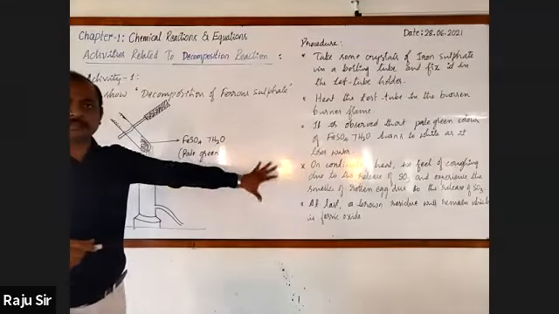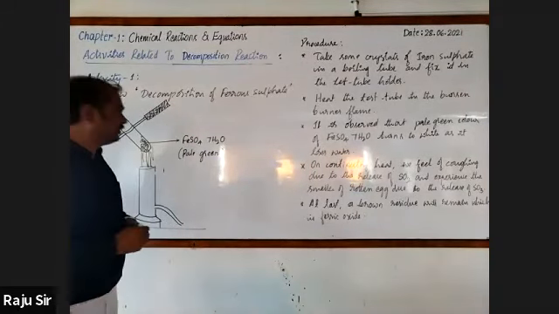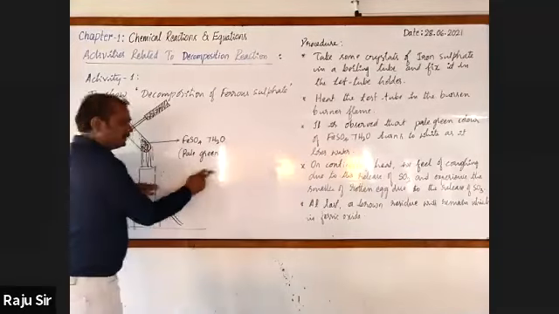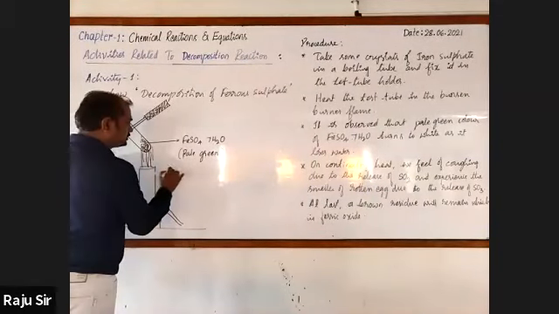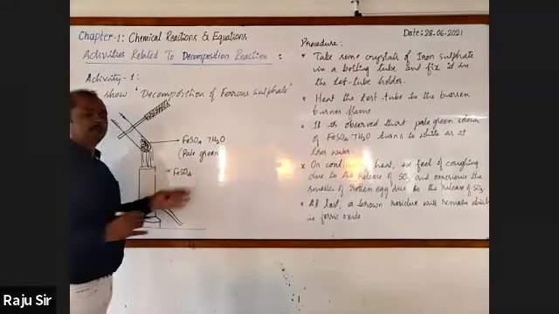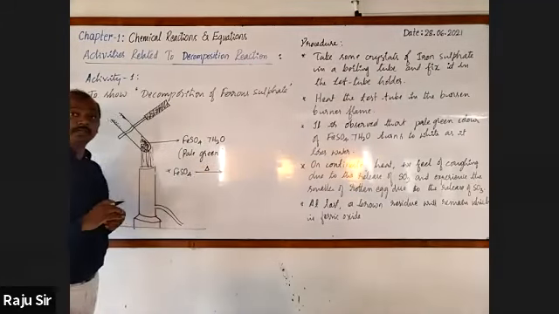After writing this much, the next point is we will have to write the chemical equation. Let's write the chemical equation. I don't have space there. I'm writing it. The chemical equation is FeSO4 gives rise to, on heating.